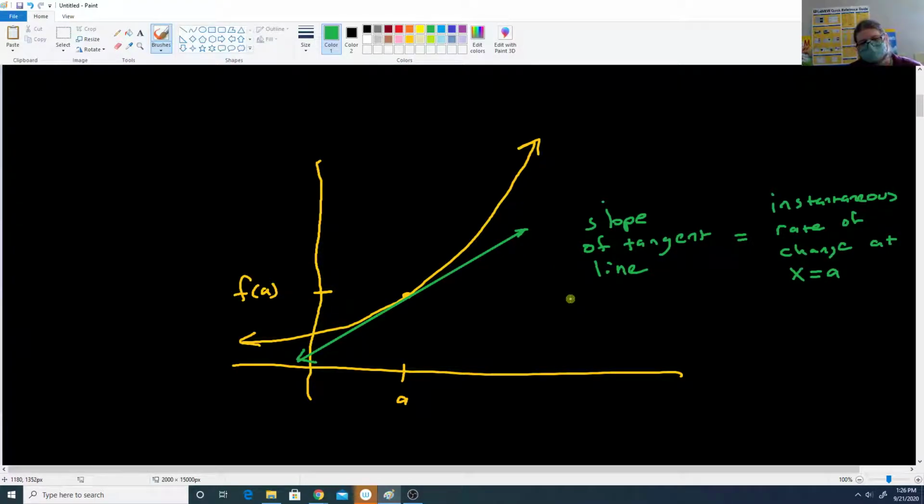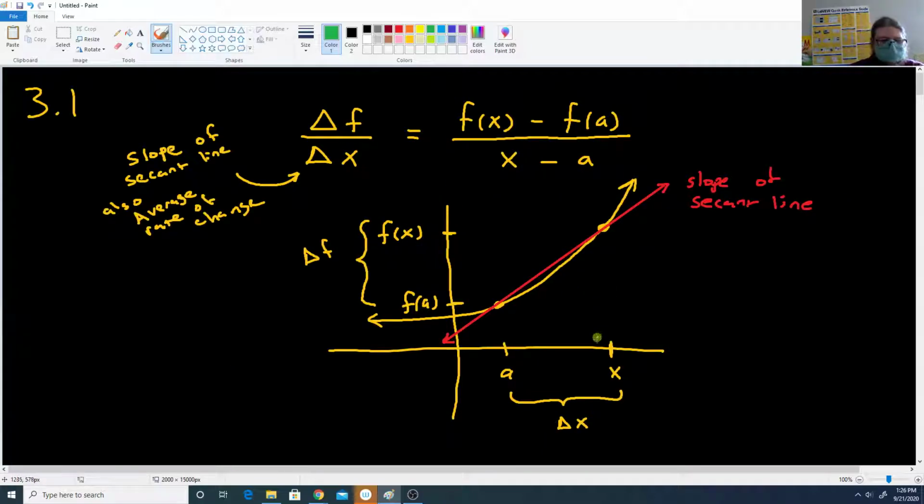And if you remember back in section 2.1, we took smaller and smaller intervals. So we looked at a to a value a little bit beyond and then made it even smaller and smaller. Basically what we're doing is sliding the x closer and closer over towards the a.